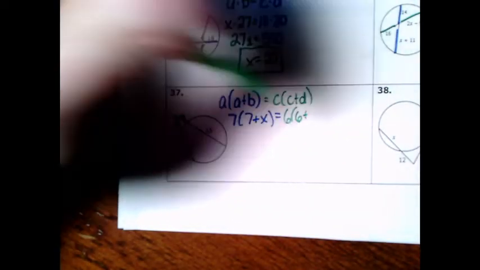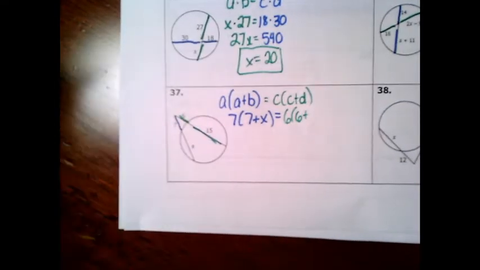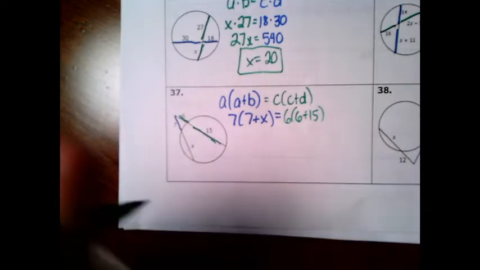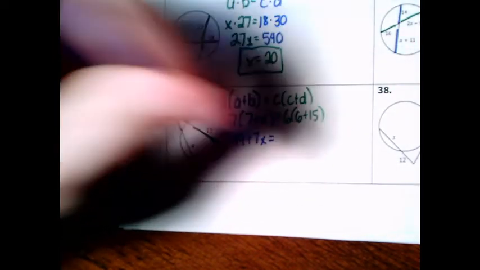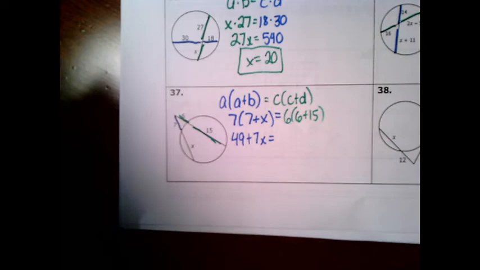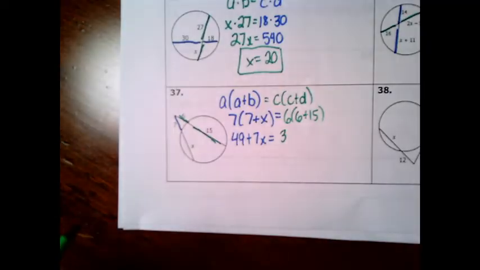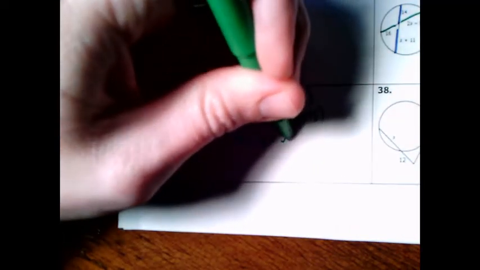C is 6 plus D, which is 15. So let's distribute. 7 times 7 is 49. 6 times 6 is 36. Well, you could distribute this, or you can add them together and then distribute. But we'll just do it this way for this one.